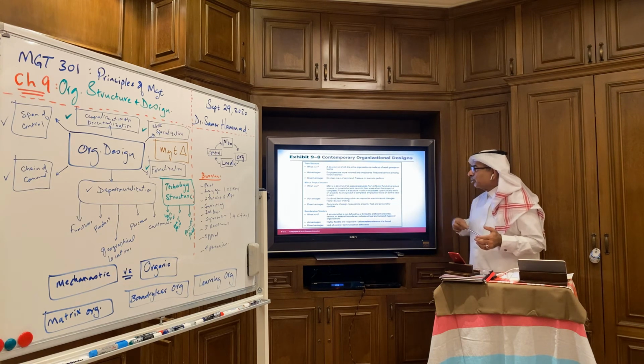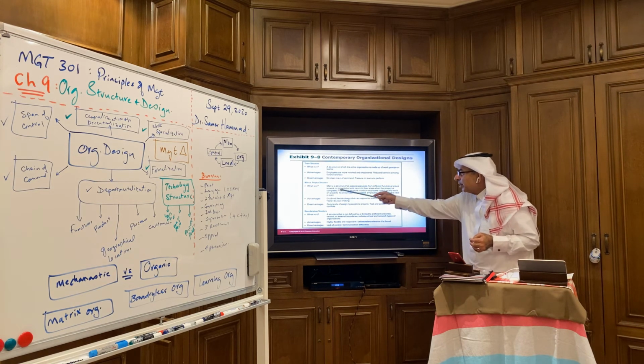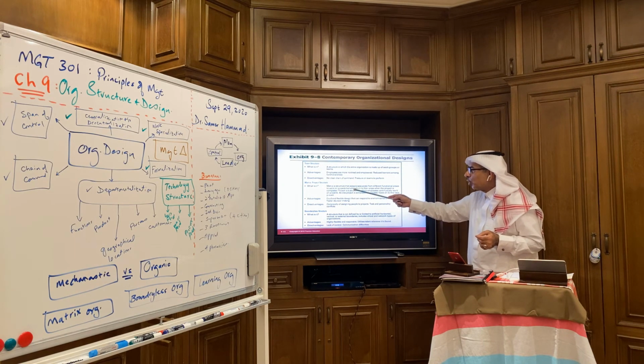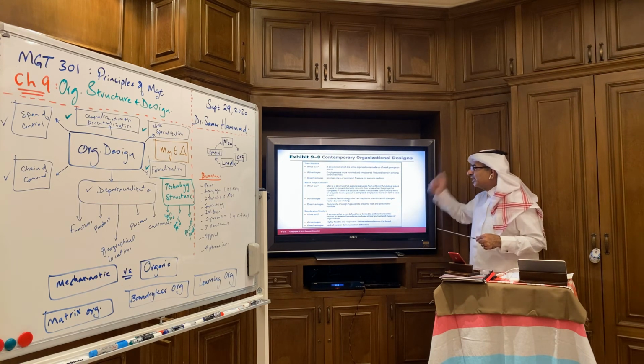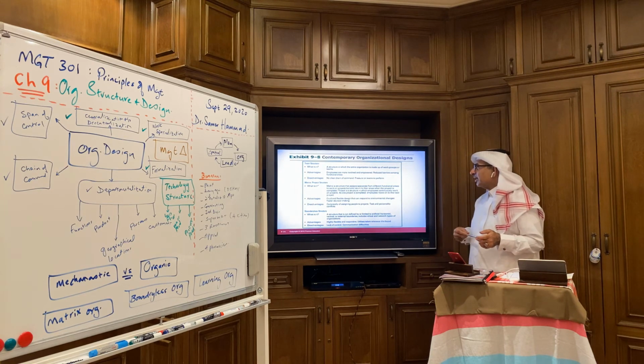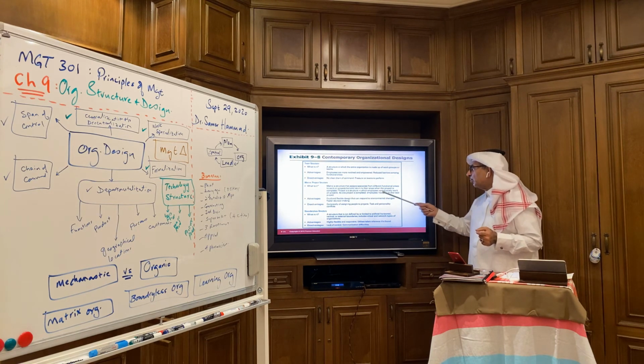The matrix project structure, what is it? Matrix is a structure that assigns specialists from different functional areas to work on projects, but who return back to their areas when the project is completed. Project is a structure in which employees continuously work on projects.